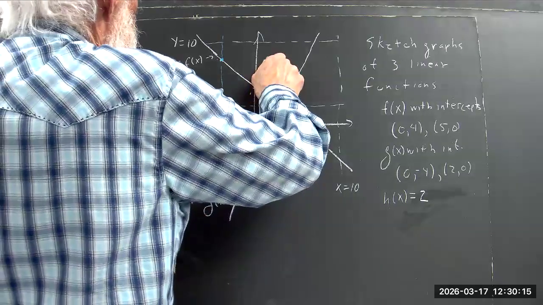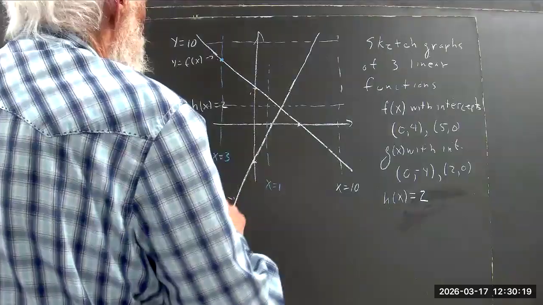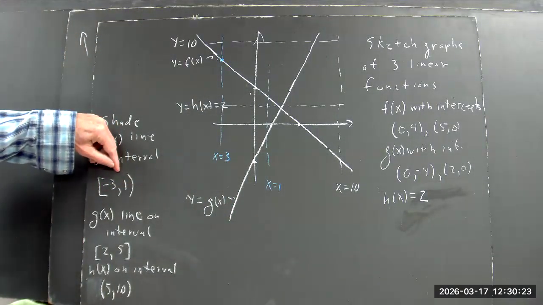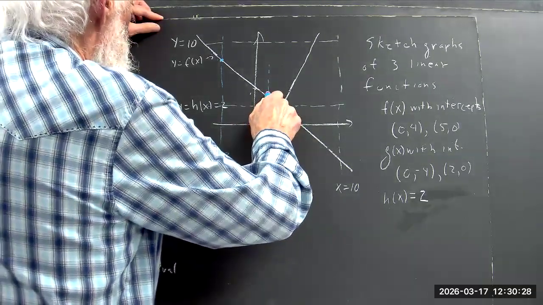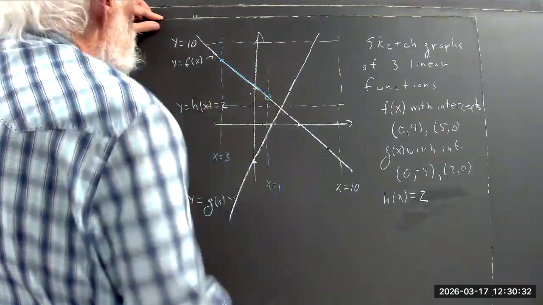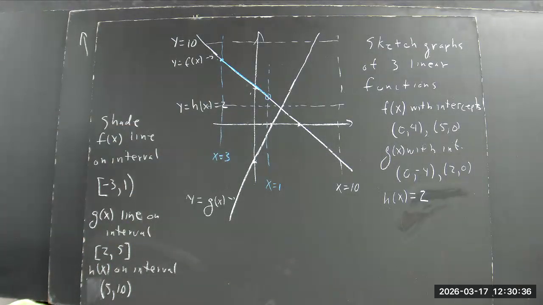Then x equals 1 is about here. The open parenthesis on the 1 tells me that we're not going to include that point. So there is the f(x) part of the graph.